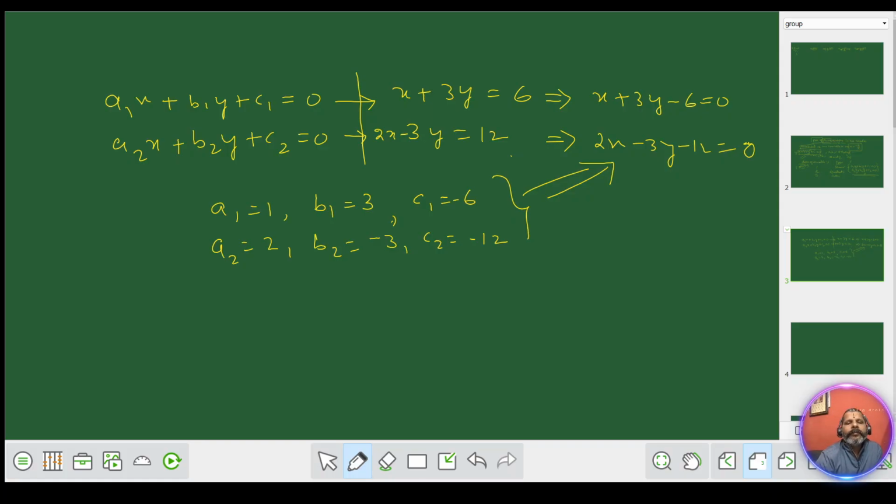Now, we have to learn a few properties here. When these two linear equations in two variables are given, what is the number of solutions they have? How do they look when we graph them? What are the types of solutions here? Whether they are consistent, or dependent, infinitely many solutions, or whether they do not have solutions at all.